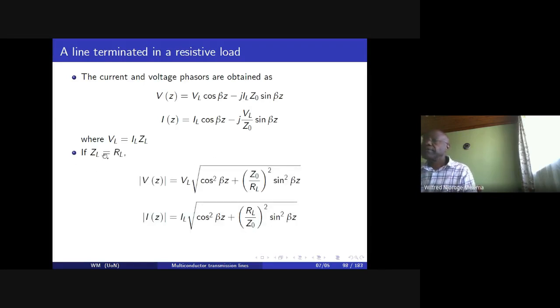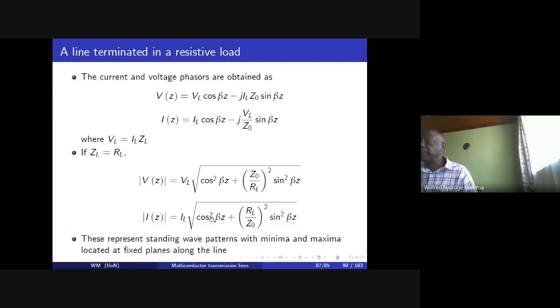So if ZL is equal to a resistance RL, then the absolute value of the Vz phasor is given by VL times the square root of cosine squared plus that value squared. And for the current, it's given by the same value there.